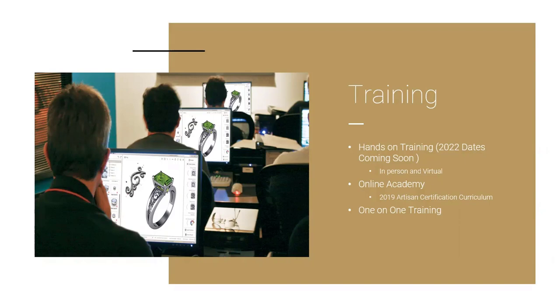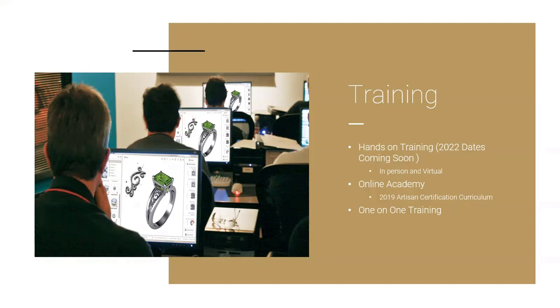We also have the Online Academy. So Online Academy is going to be a series of tutorial videos, some inspirational videos that you can go on your own time at your own pace. So it's going to be pre-recorded content for you to go view. If you have streaming, you automatically have access to the Online Academy.